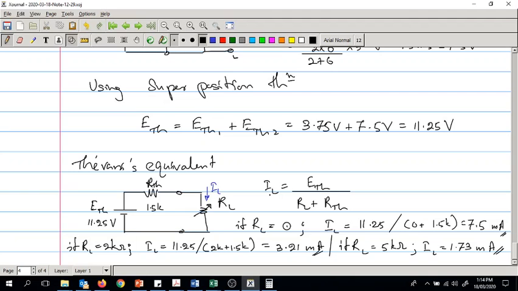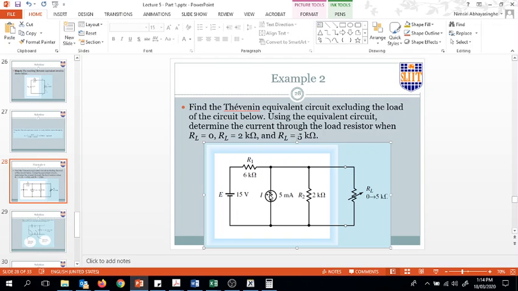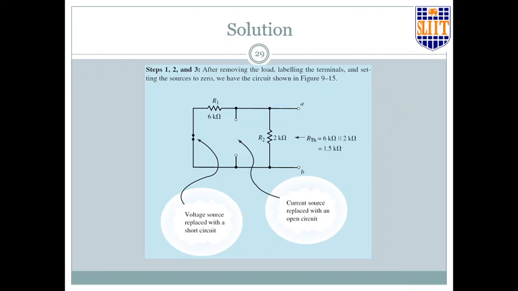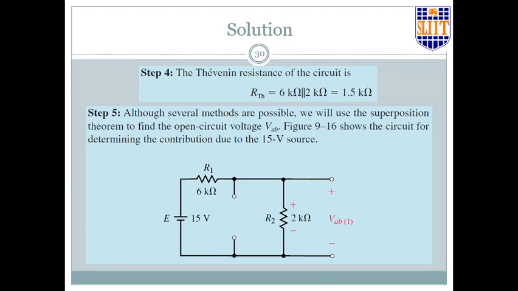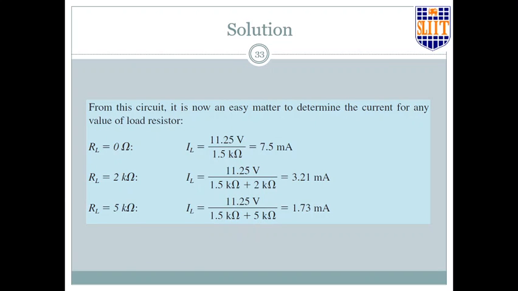But if it is only one parameter across one element only, what you need to do is to remove that element and consider the rest of the circuit and find out the Thevenin's equivalent for the circuit excluding that particular element, which we treat as the load, and then you find out all the parameters. So that's the derivation. Let's check if our results are correct here. 11.25, and the 3 currents are also correct. So we've done it.